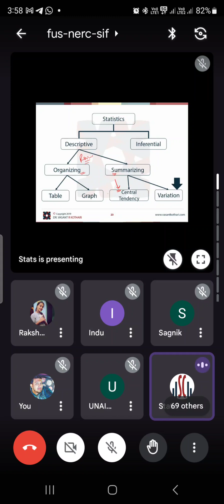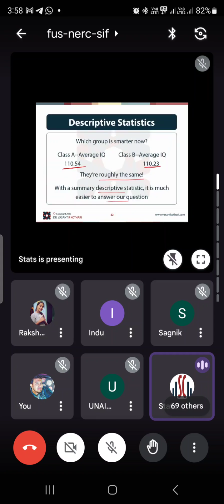In central tendency we have three measures: mean, median and mode, and depending on the situation we need to find either the mean or the median. Normally in psychology we don't use the mode frequently.